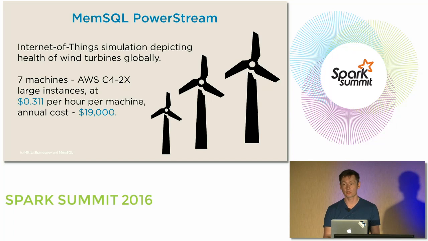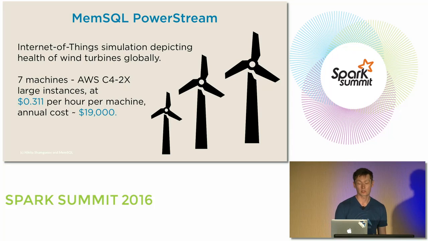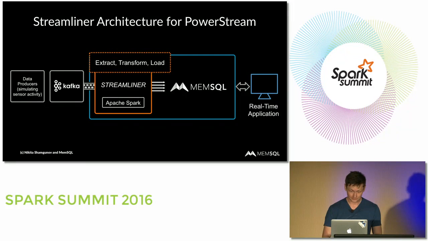With modern technology, with Spark and MemSQL, you only need 7 machines on AWS, which would roughly cost you $20,000 a year. For everybody from the enterprise, that's not a very big number, especially for handling such a massive data processing task.